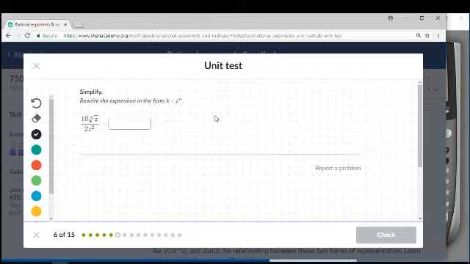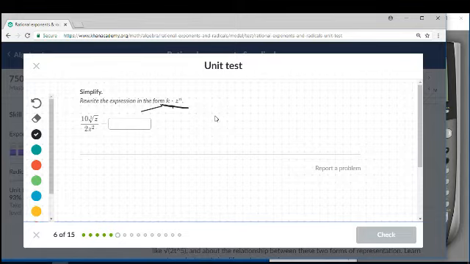10 times the cube root of z over 2z squared. Break this down. We're just rewriting this as k times z to the n. All right. So let's break this.